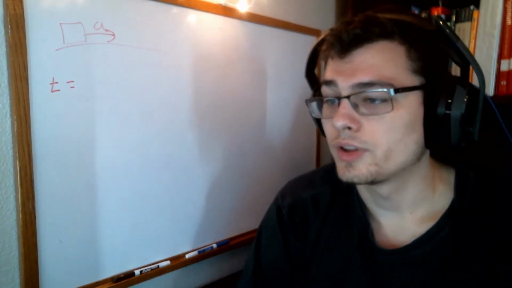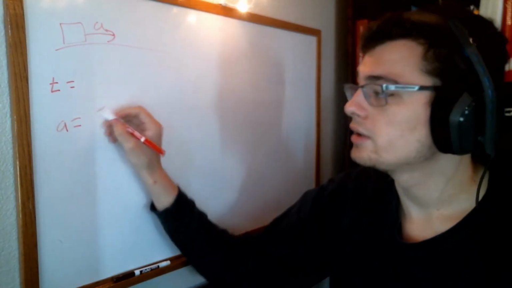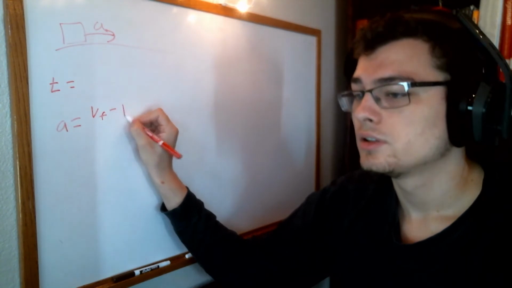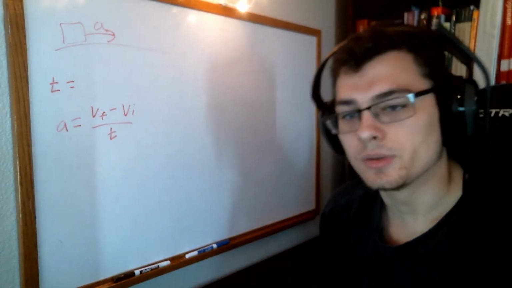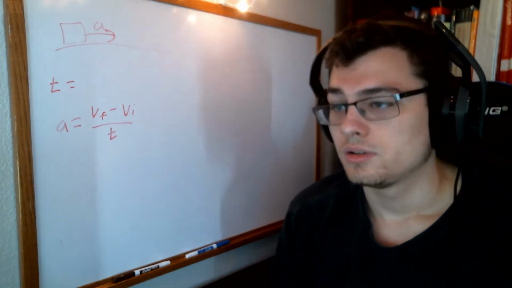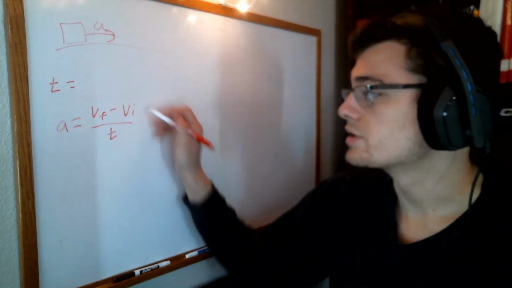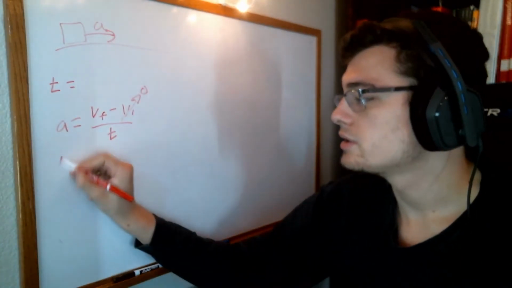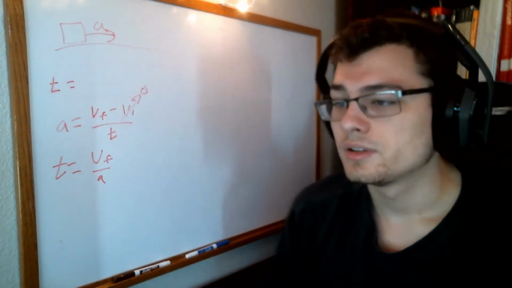So one thing that we can do is we can bust out our old kinematic equation for a, which is going to be Vf minus Vi all over t, where t is going to be equal to tf minus ti, but we're going to assume that at the beginning this is going to be equal to 0, and so then we're just going to get that t is equal to Vf over a.